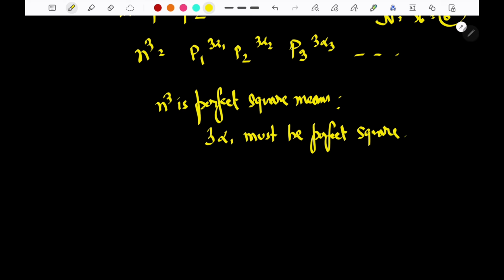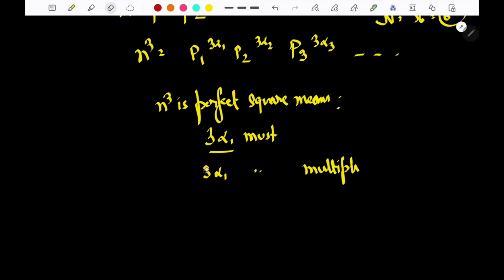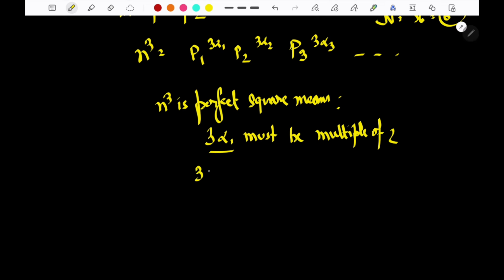If 3 alpha 1 is a perfect square, then 3 alpha 1 must be a multiple of 2. Now 3 doesn't divide 2, so this concludes alpha 1 must be a multiple of 2.